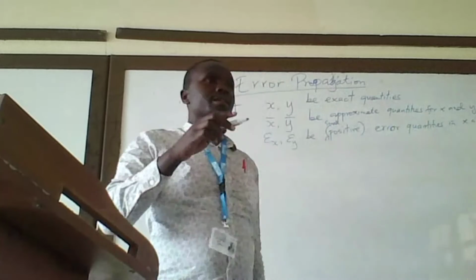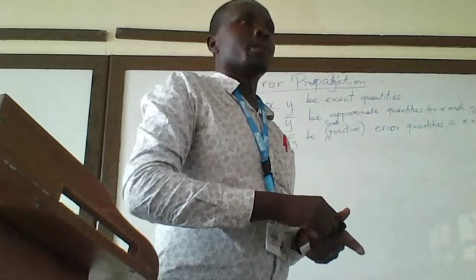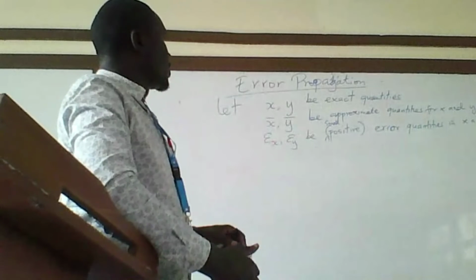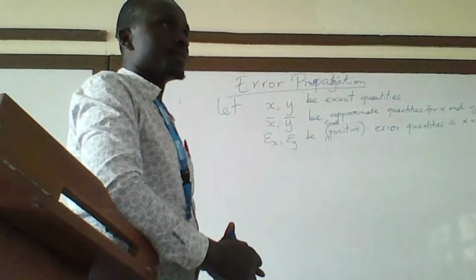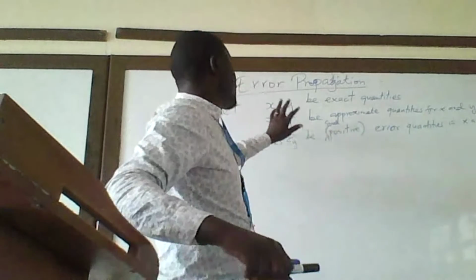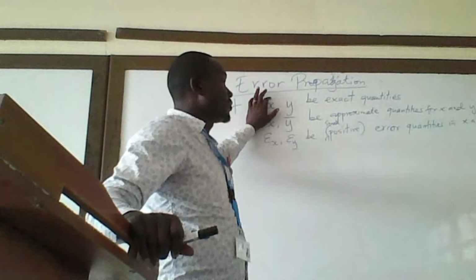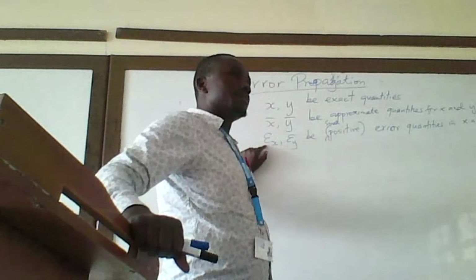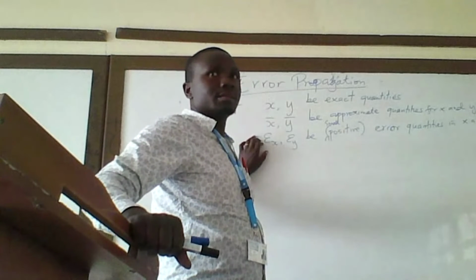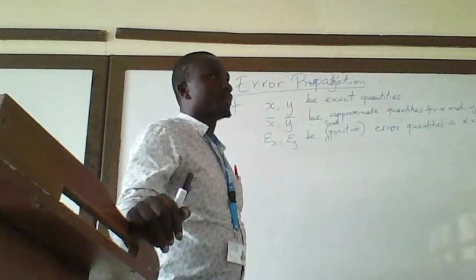And thus we'll take that as the convention in our notation, that when you see bars, you know that's an approximate value. When you see a letter without a bar, then that's the exact value. When you see epsilon, it's an error, okay? So that's it.